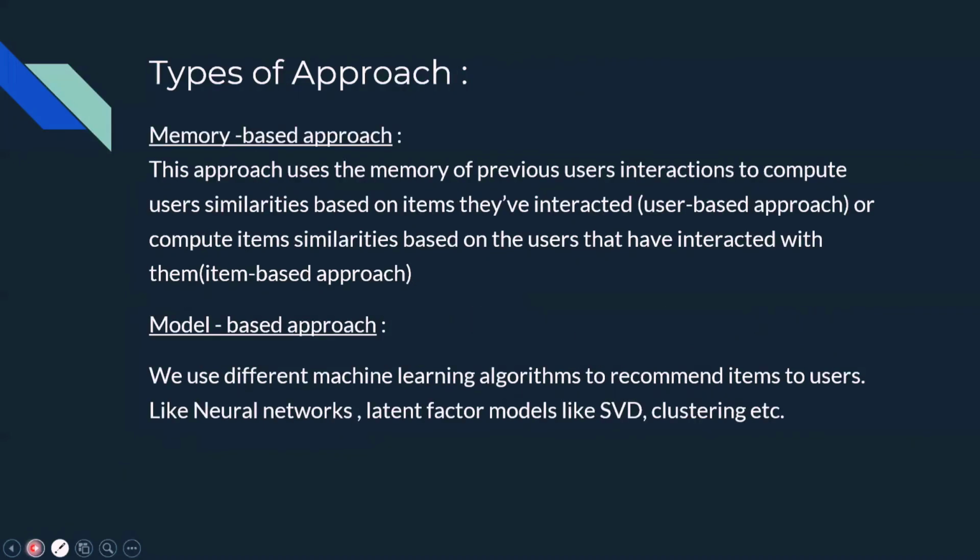In collaborative filtering, we have two kinds of approaches: memory based and model based. What is the memory based approach? It uses the memory of previous users' interactions to compute user similarities based on the items they have interacted with.